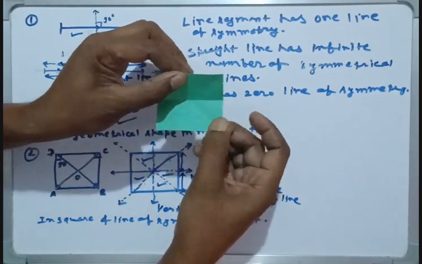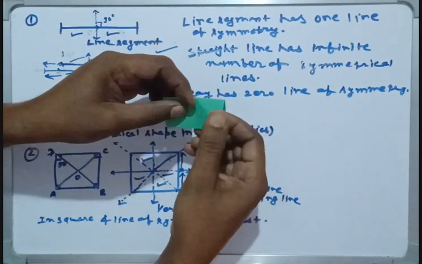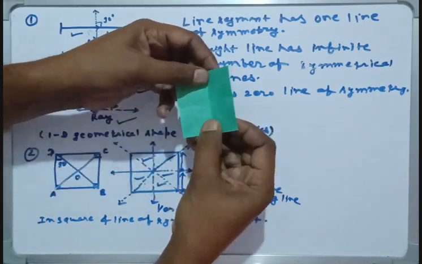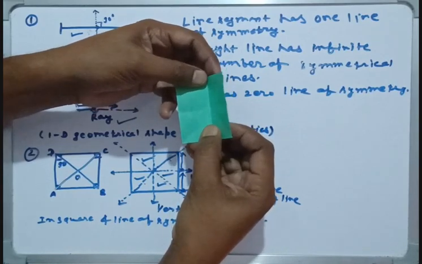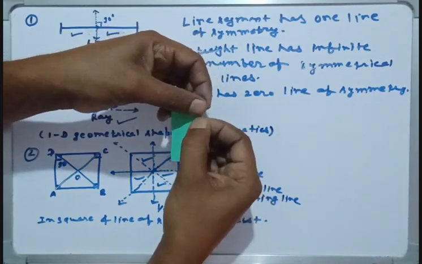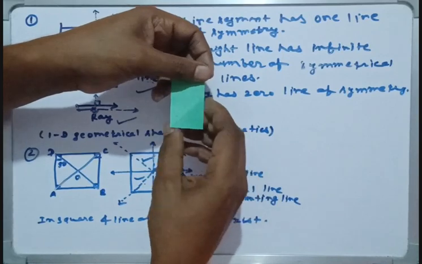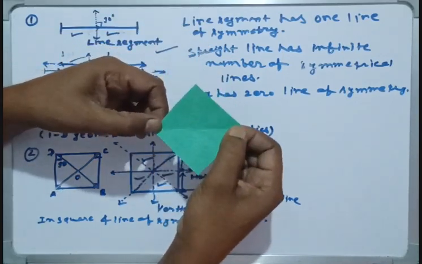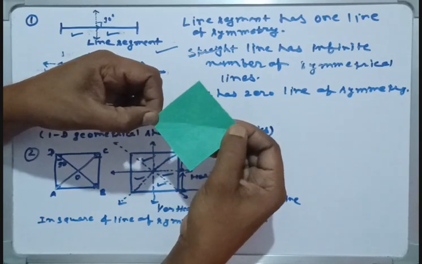This one half part overlaps the second half part. In case of the vertical line, see, and see, this one is a diagonal line.